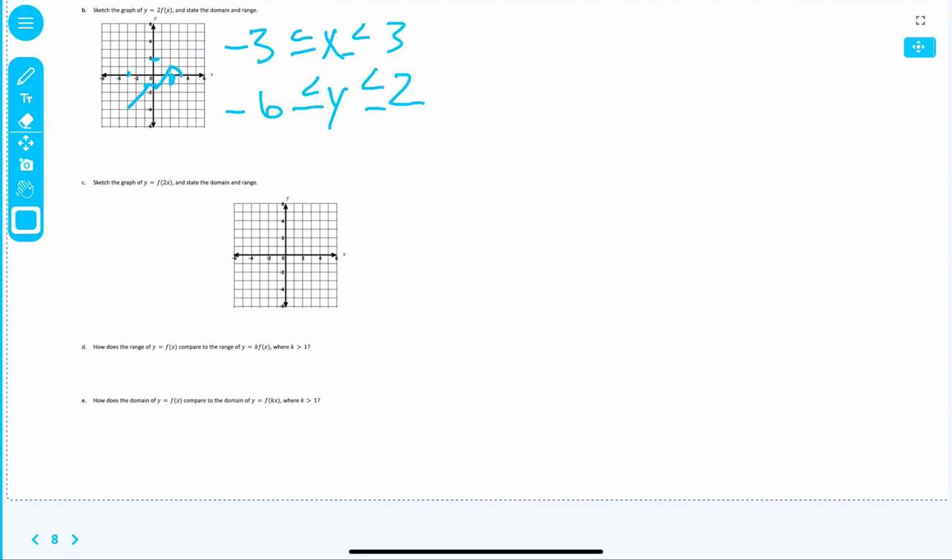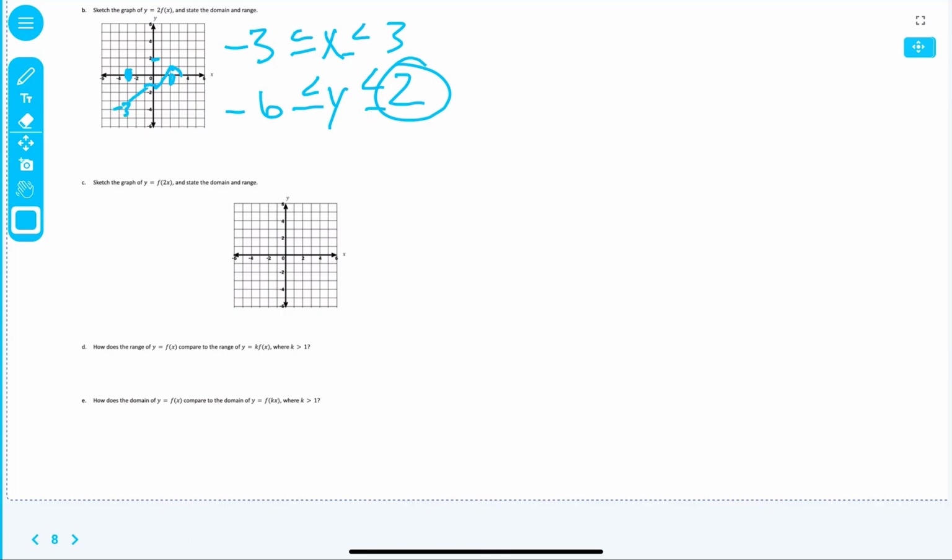So when we had 2, our y was 1 right here, times 2 is going to give us our 2. Okay, that's probably a little bit confusing. Very confusing because I didn't draw my graph correctly. Okay, so if we look at -3, which is right here, our y value was -3.